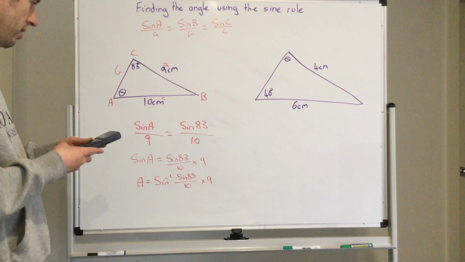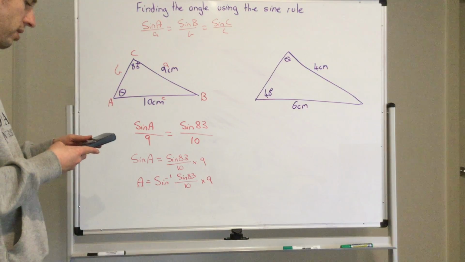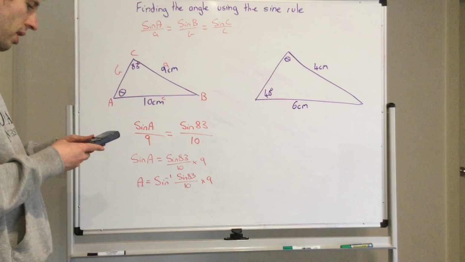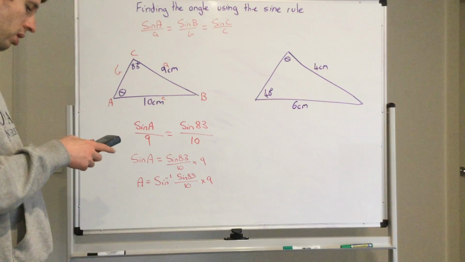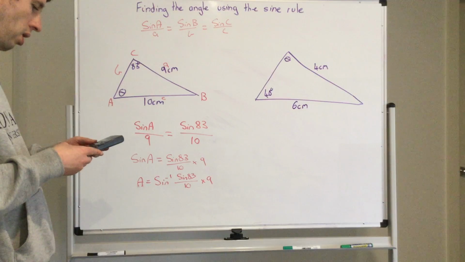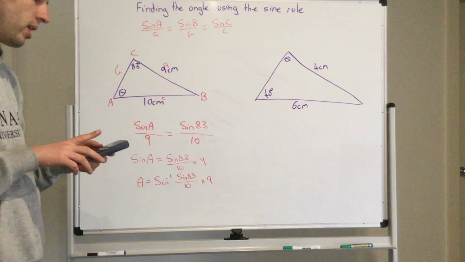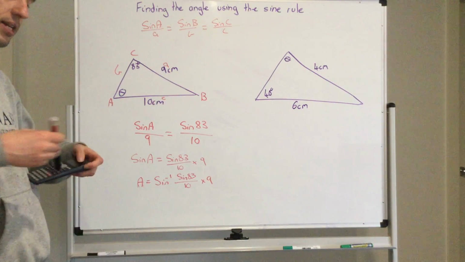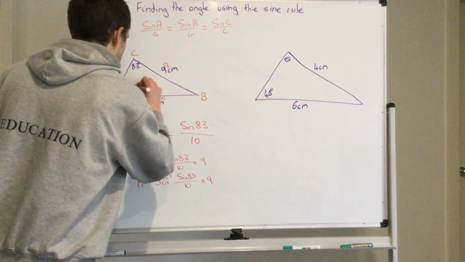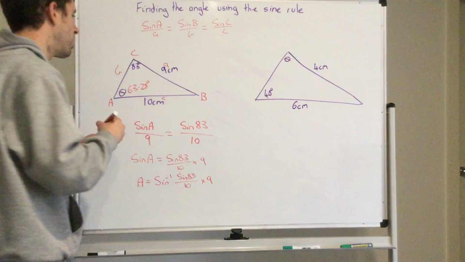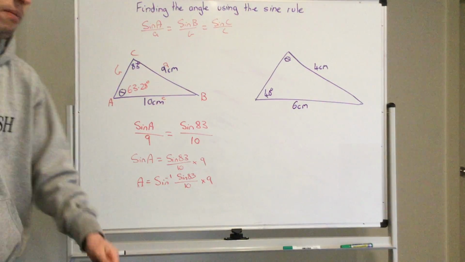So sine negative 1, then sine 83 divided by 10 times 9 is 63.28. So my angle is 63.28 degrees.